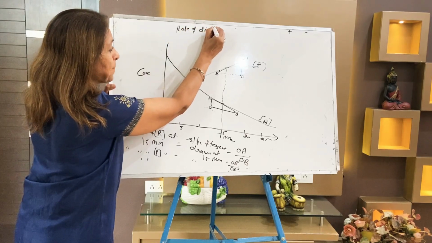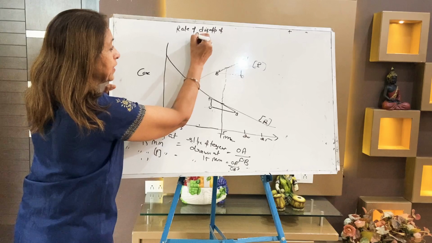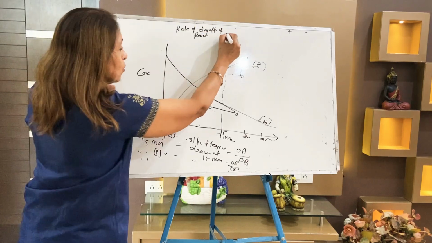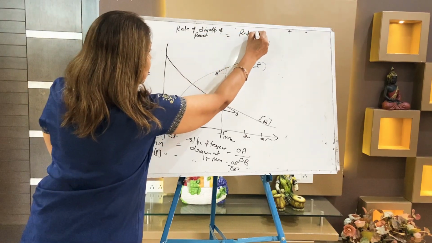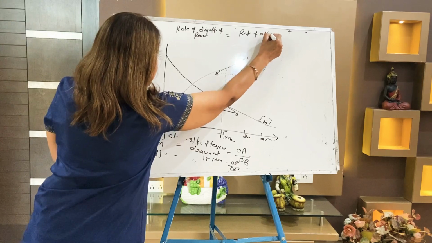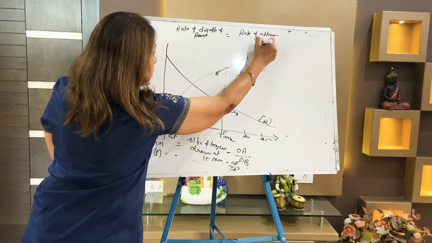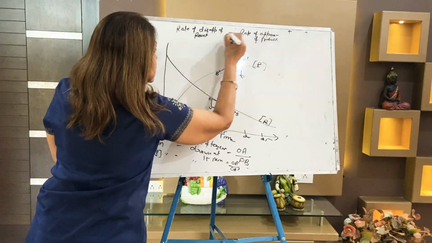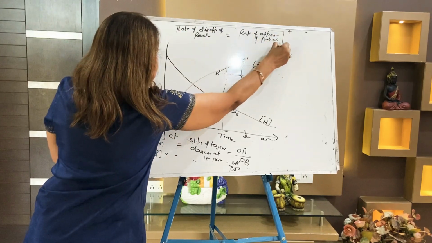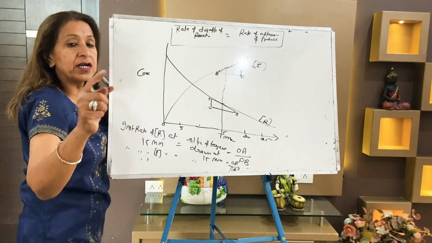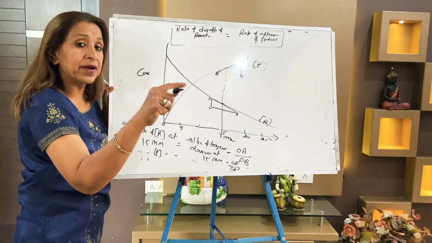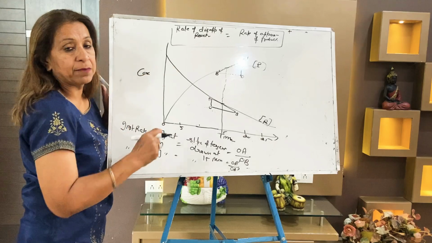Rate of disappearance of reactant is equal to rate of appearance of product. So the rate at which the reactant disappears, at the same rate the product appears at the same time.